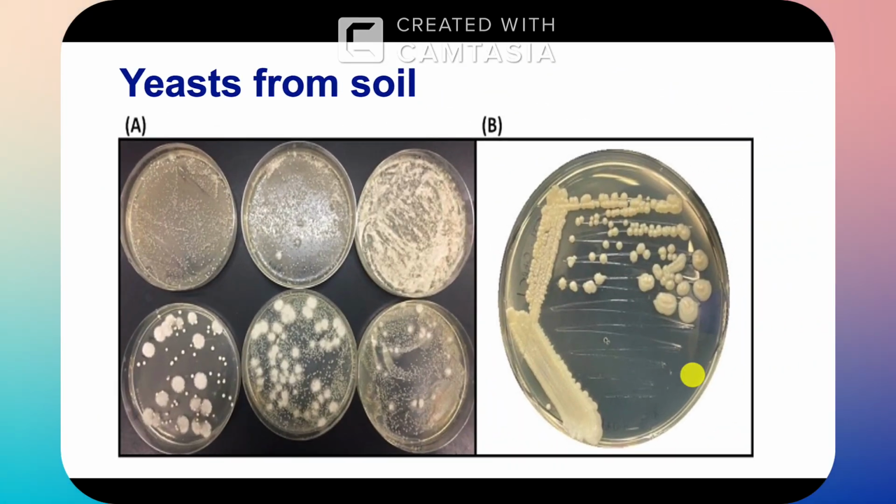Here are other shapes of yeast from soil, and if you see here the shape of the colony on the media, we have, of course, a variety of shapes and colors, especially in molds.